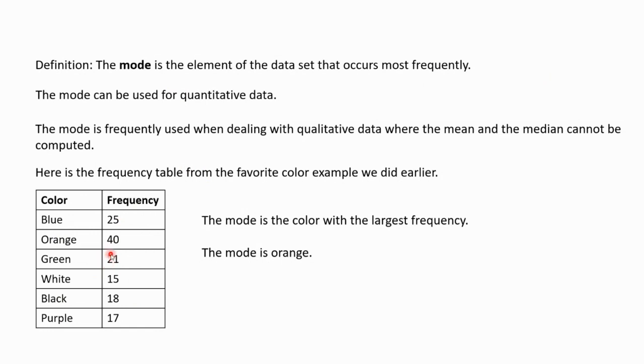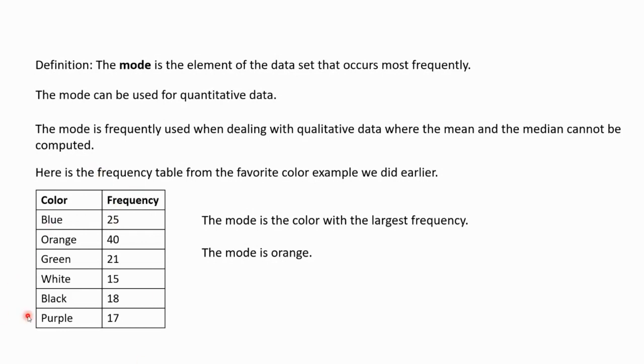Median, you really can't calculate either because you have to sort the data somehow. But how would you sort this? Is blue before orange? Is orange before green? We don't know how to do that. The mode, however, you can calculate for this kind of data.